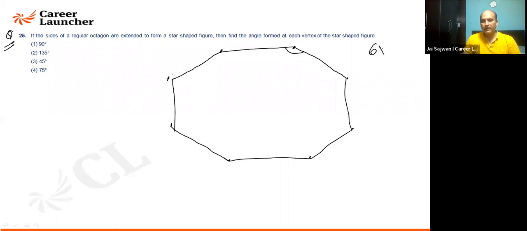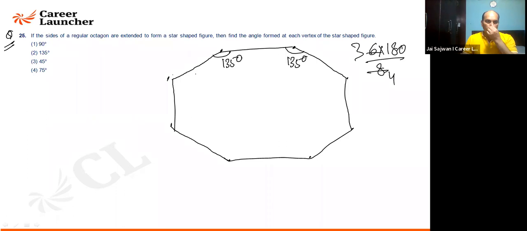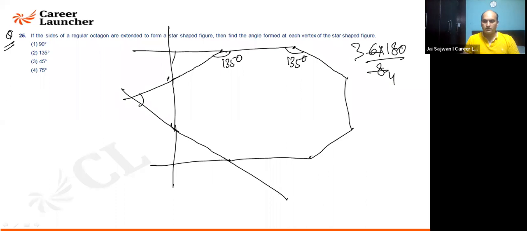I know the sum of the interior angles is 6 into 180 degrees, divided by 8. That is 3 by 4th of 180, which is 135 degrees. Every angle is 135. Now here it says that you extend the sides, and a star-shaped figure is going to come up. This is what is happening here.